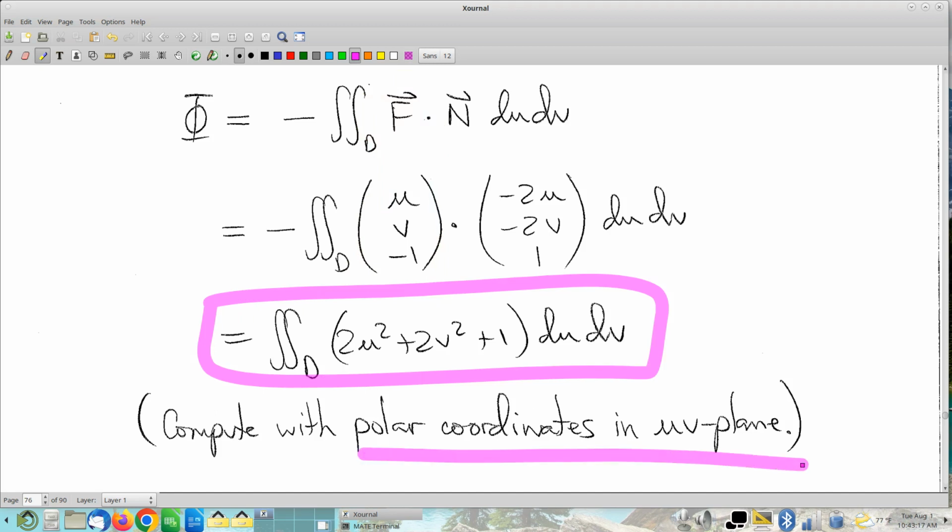I've advised polar coordinates in the uv plane because we're going around. This is a unit disk per the statement of the question. This is very polar friendly right there. This barely screams polar coordinates. That'd be my advice on computing this. Is that cool? Okay. All right.